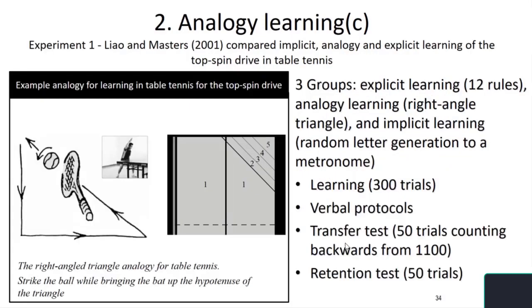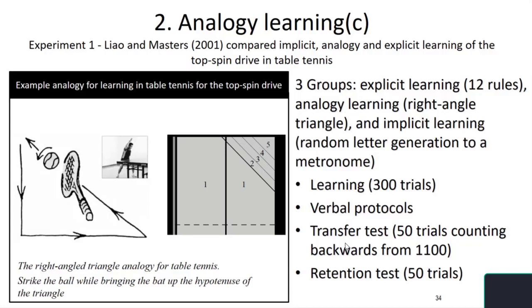So the case study for this week is a paper by Liao and Masters. In this study, they compared 3 different techniques to support learning. They compared an implicit analogy group and an explicit learning group while practicing learning the topspin drive in table tennis.